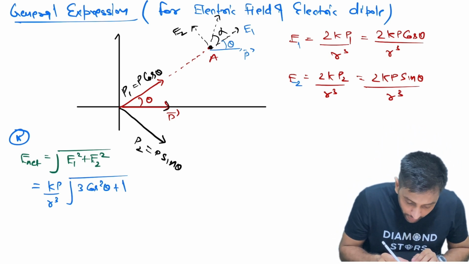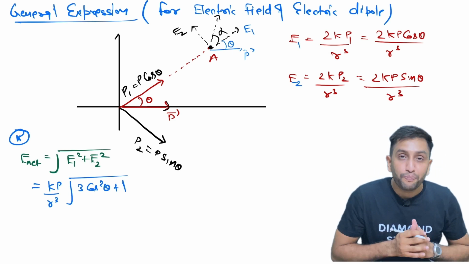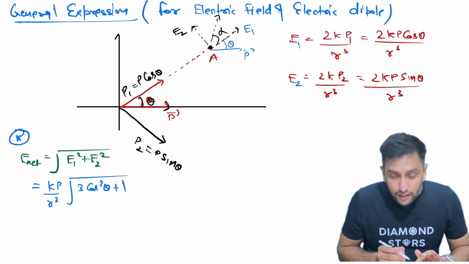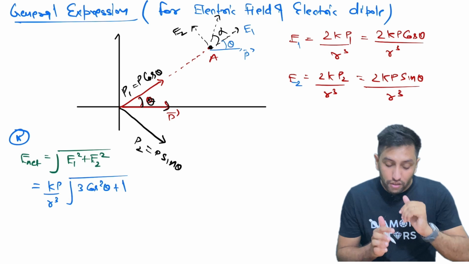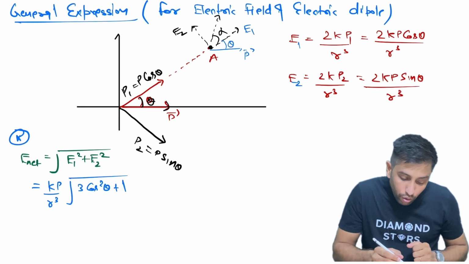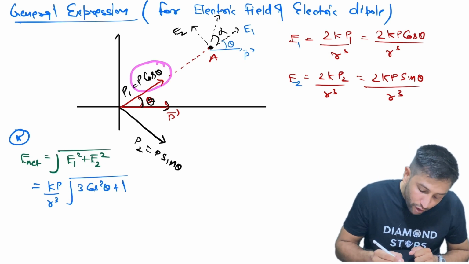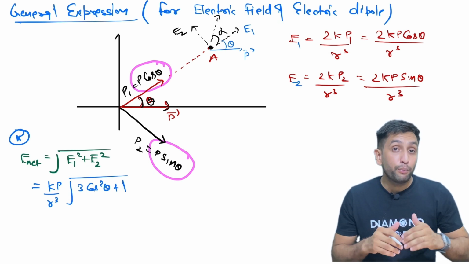This point will be at distance r again from the center of the dipole, but you know that this theta inclination will result in resolution of the p vector into p sin theta and p cos theta. Now you have taken these two, p cos theta and p sin theta, as separate dipoles.